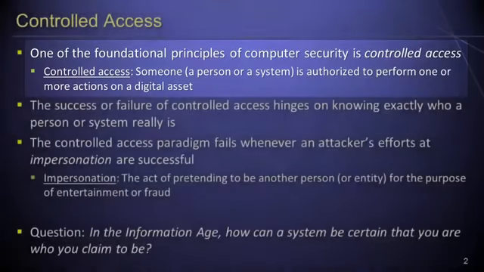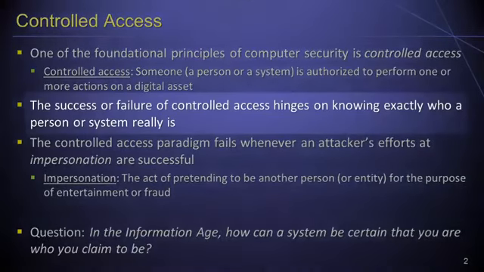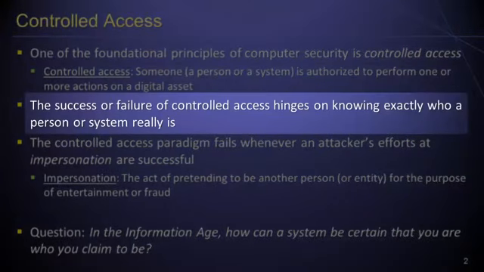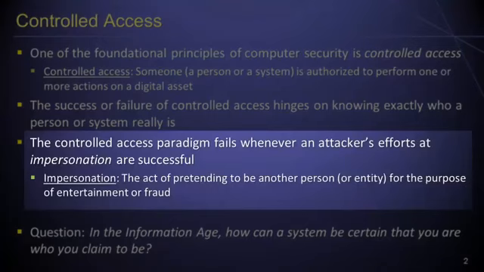A critical point to understand about this controlled access paradigm is that the success or failure of the paradigm hinges on knowing exactly who a person or system really is. That is, if an attacker seeks to impersonate a legitimate user and is successful in their impersonation attempt, then the controlled access paradigm has failed.